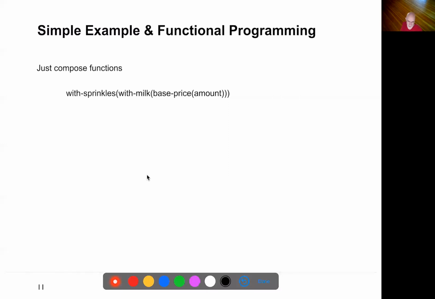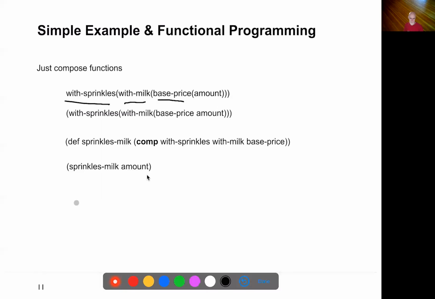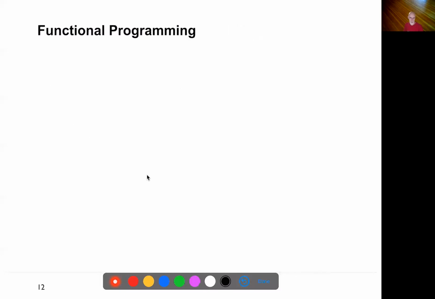And so you would have a base price function, with milk function, with sprinkles function, and then the with milk function would take its argument and add 0.5 to it. And sprinkles would take its argument and add 0.2 to it. And there's various ways you can deal with it. You would just compose functions.